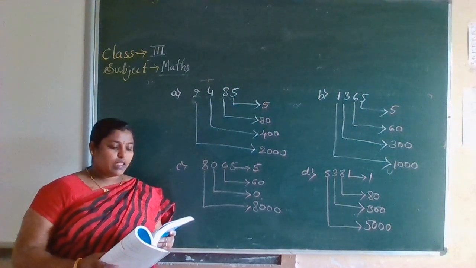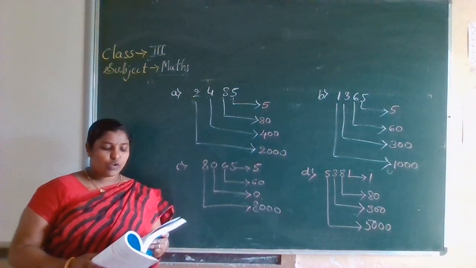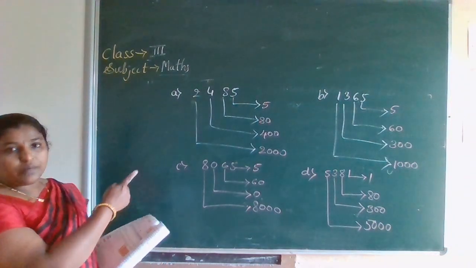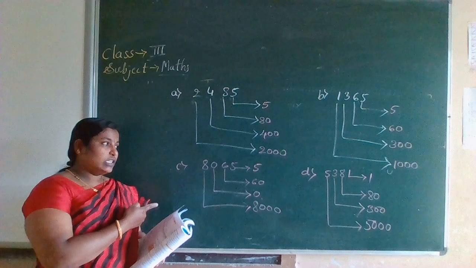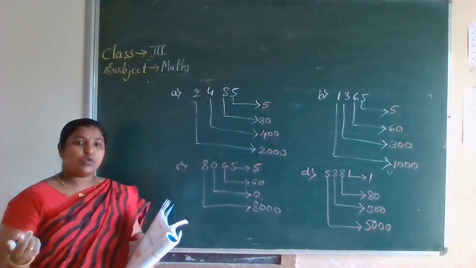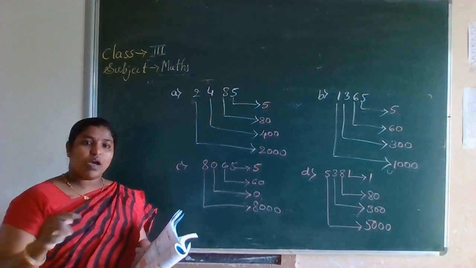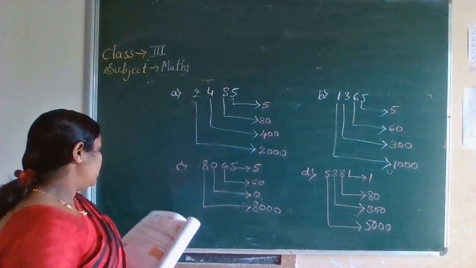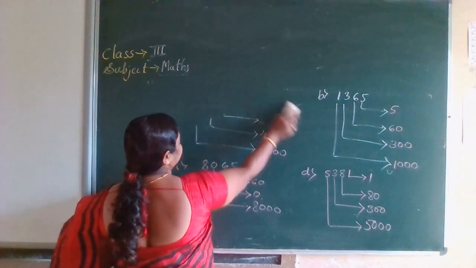Seventh one. Write the place value and face value of the underlined digits. Okay, are you clear? See these answers with your answers. You have written it as homework. I hope you have written. So compare this and let's go for the next question. Seventh.